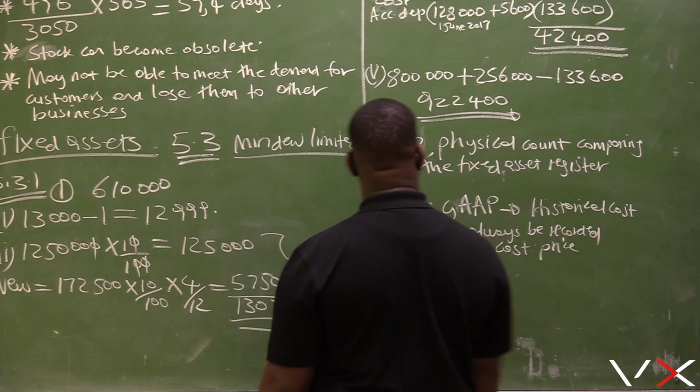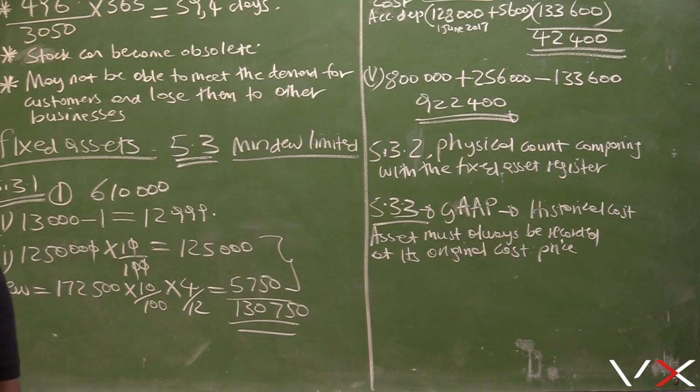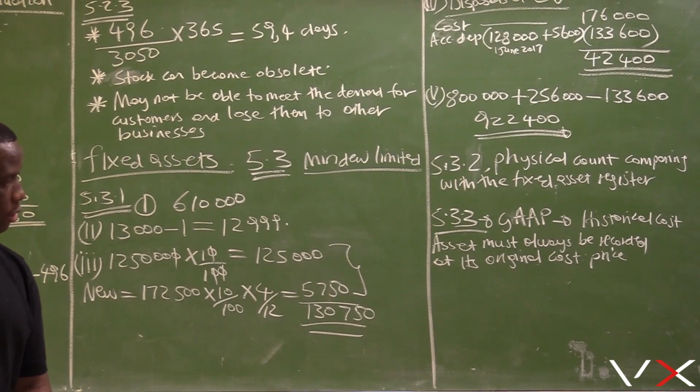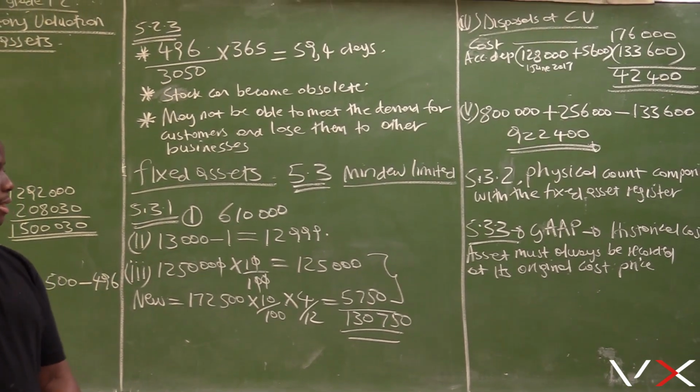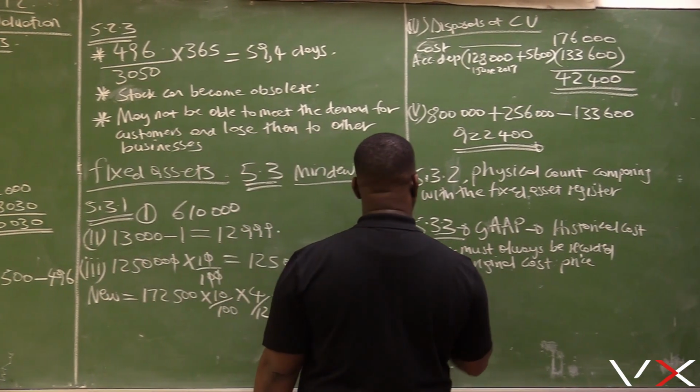That is the principle. We cannot deviate from this principle. The historical cost principle, which is taken from the generally accepted accounting practice, says assets must always be recorded at their original cost price.